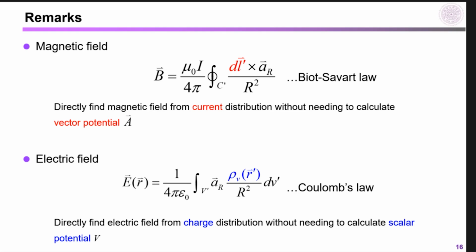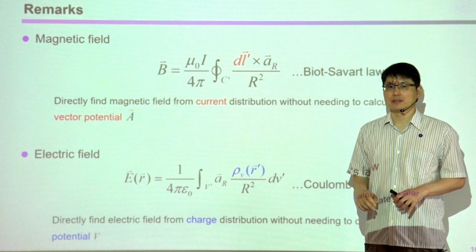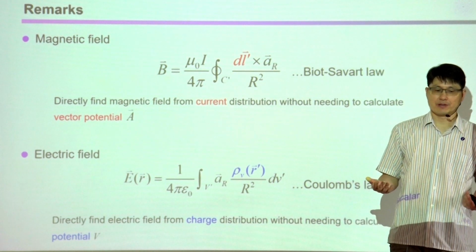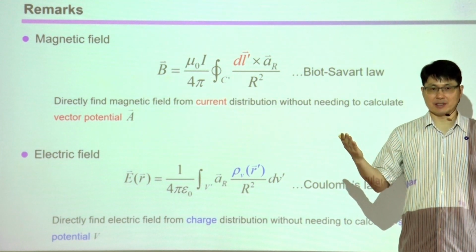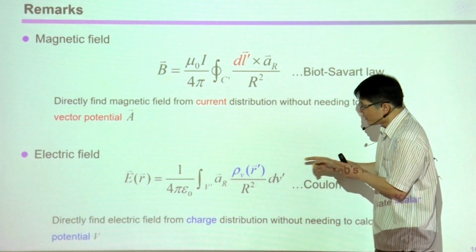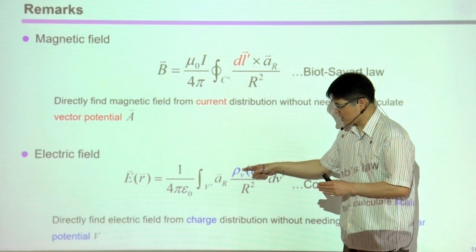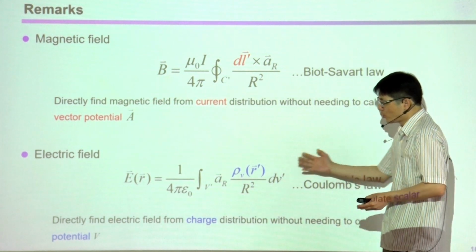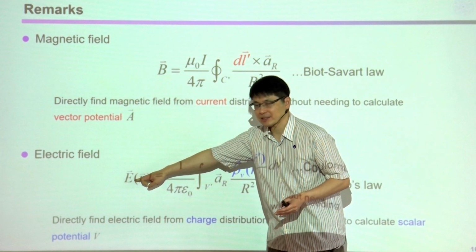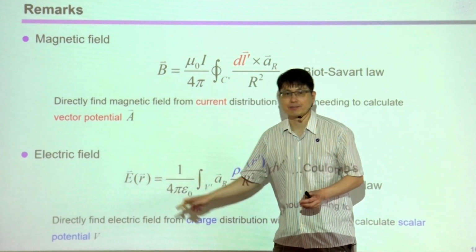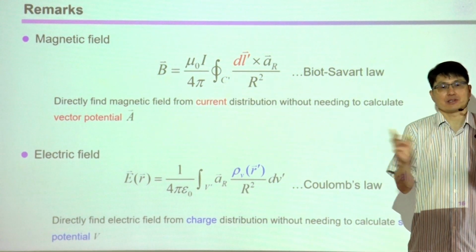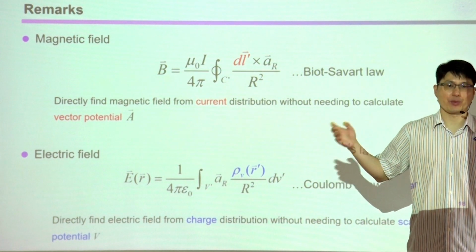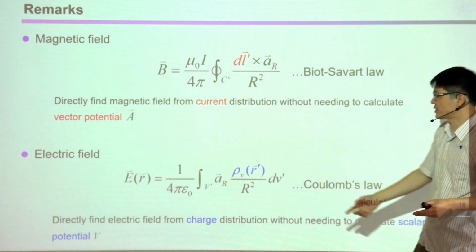Coulomb's law tells you that even though we know that in real life, for electricity, we have the E field and we have the electric potential V, once we know the distribution of the charge density, using Coulomb's law, we are able to arrive at the E field intensity directly without the need to know V. So V can be viewed as a byproduct.